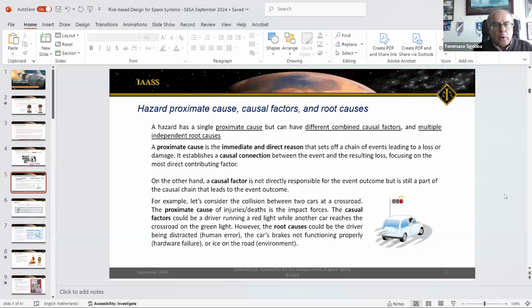It is very important to keep in mind that our hazard analysis is oriented, is focused on removing root causes. However, in the description of the hazard, you usually identify the proximate causes.